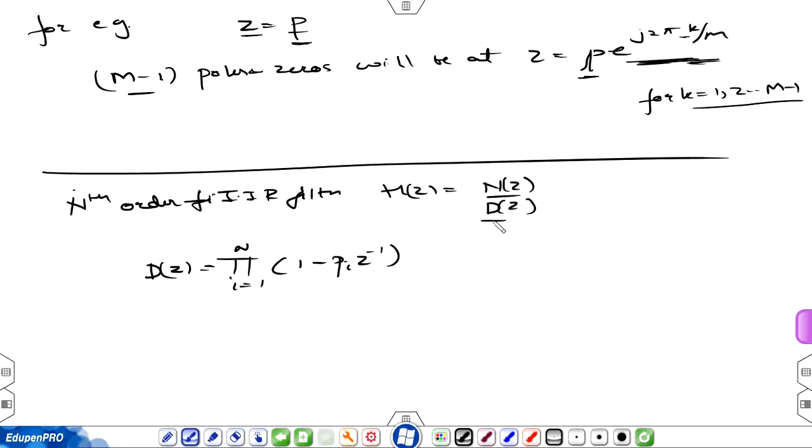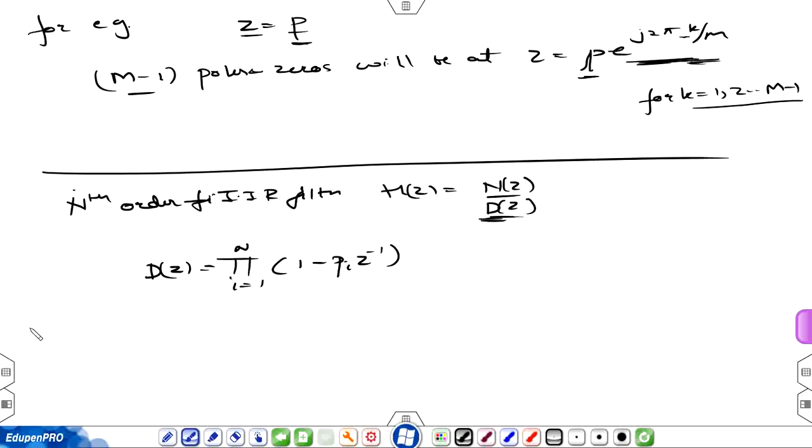So we are factorizing D(z) into n different factors given by this expression 1 minus p_i z inverse, the multiplication of n such terms.